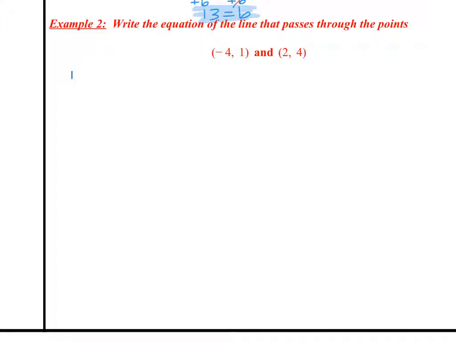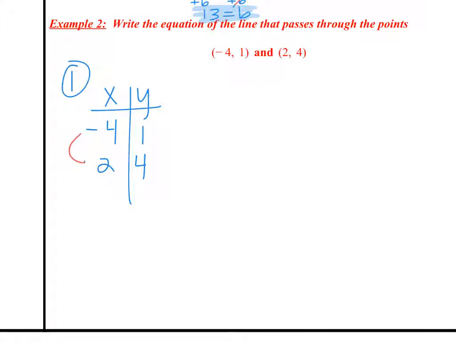So I would put a 1. However you find the slope, if you make a table or if you just draw arrows, it's fine with me. I'm going to make a table and put my 2 points in the table. -4, 1, 2, 4. What's my change in x? From -4 to 2?